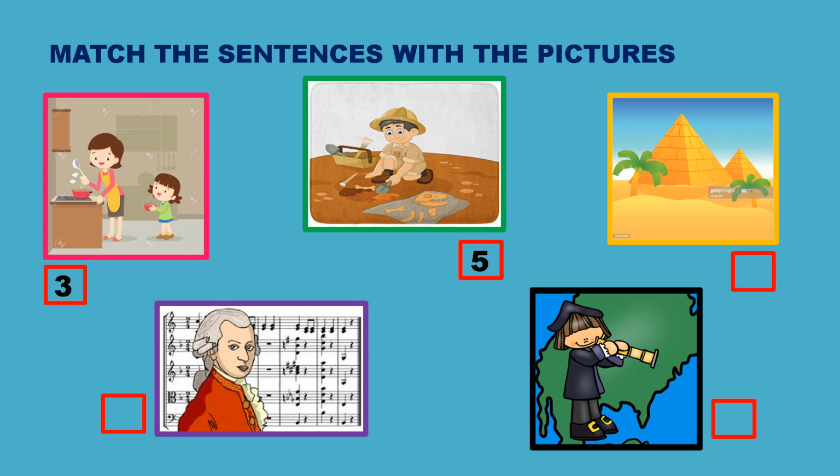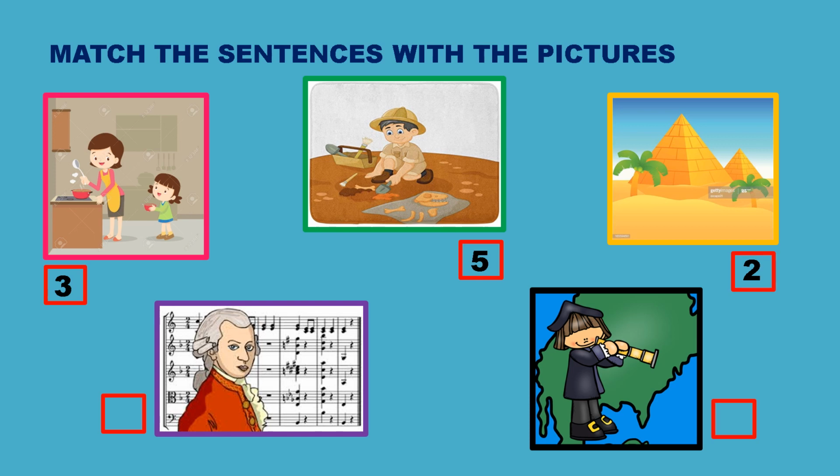Now, we were talking in past about Aztecs and pyramids. Do you remember the number of the sentence about this information? Correct, number 2. Very good. Then we were talking about an important musician, Mozart.